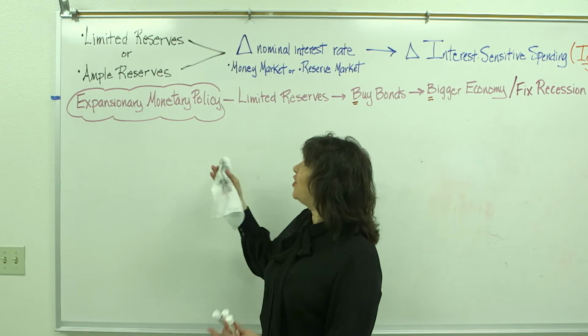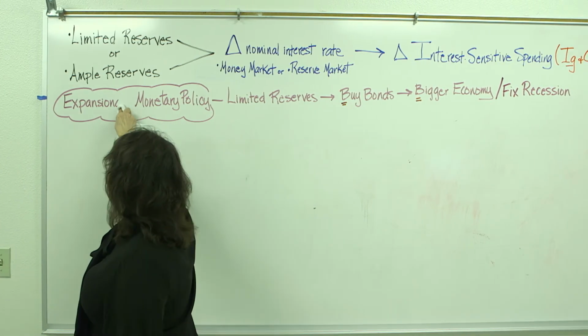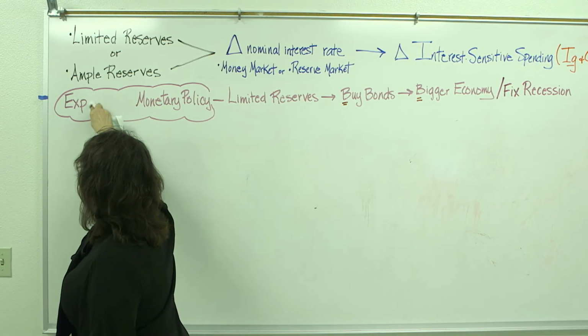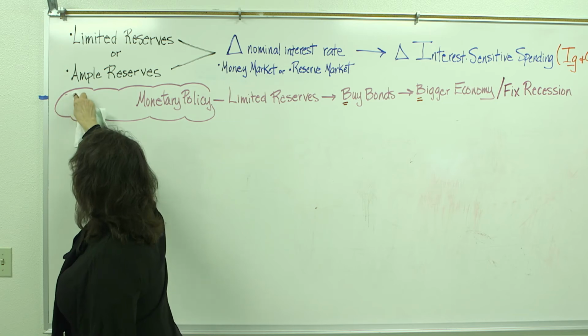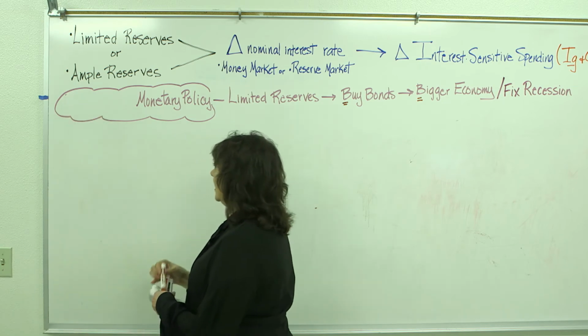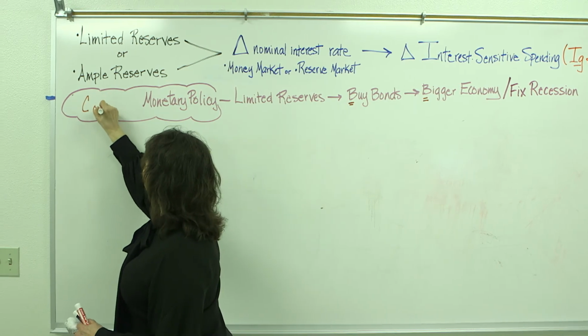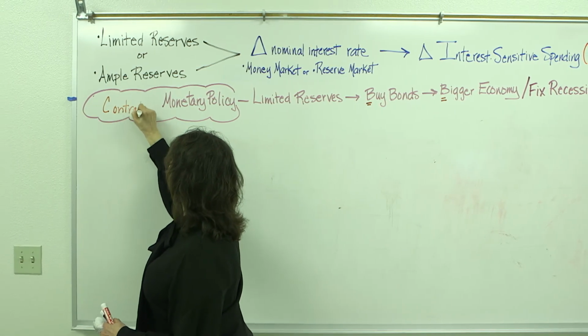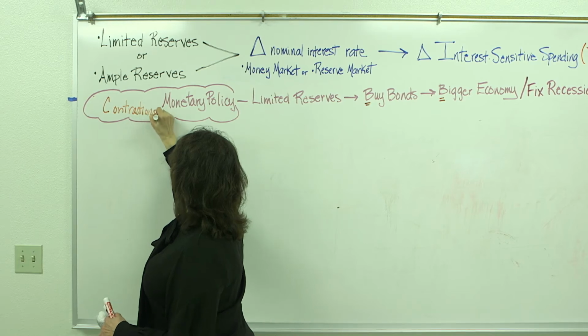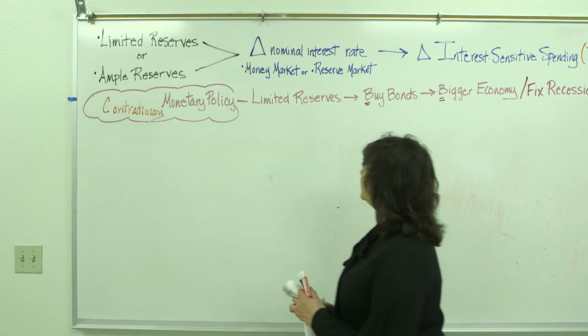We are no longer trying to make the economy bigger. When you have inflation, you have to make the economy smaller. So let's go ahead then and get rid of expansionary and put contractionary. Now we're going to pursue contractionary monetary policy.